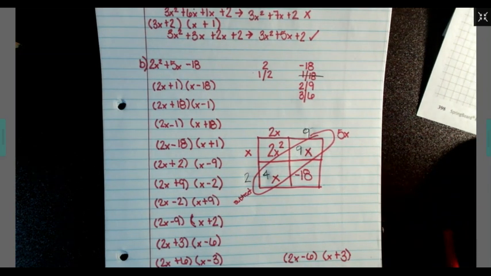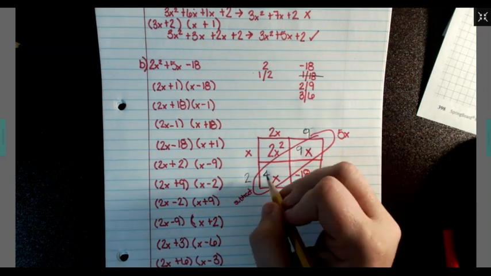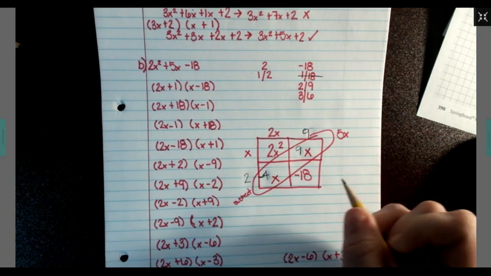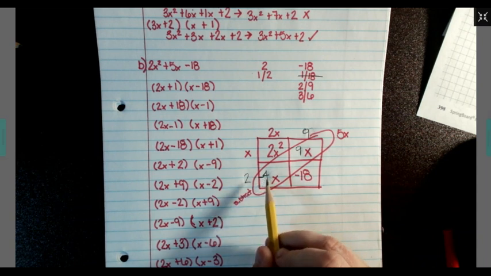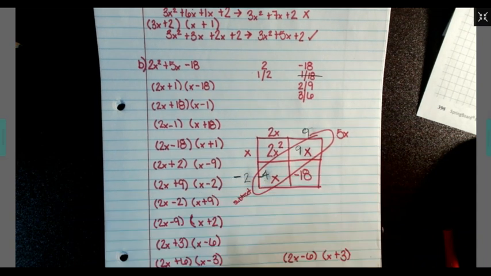I think if I subtract here, I am going to get 5. My question is, which one has to be negative? The 4 has to be negative because we want our 5x to be positive. So that means that this term right here has to be negative. But in order for this term to be negative, this also has to be negative.